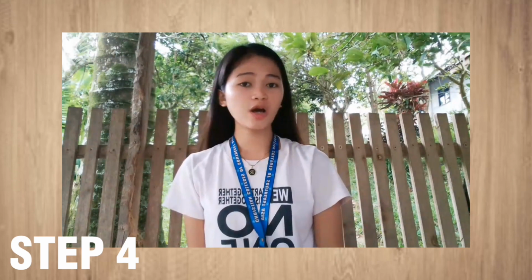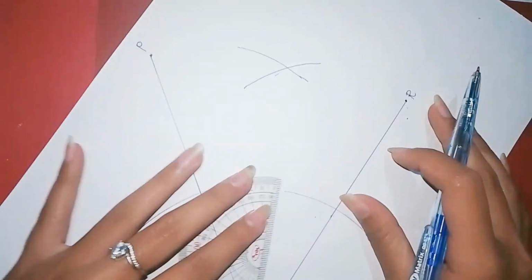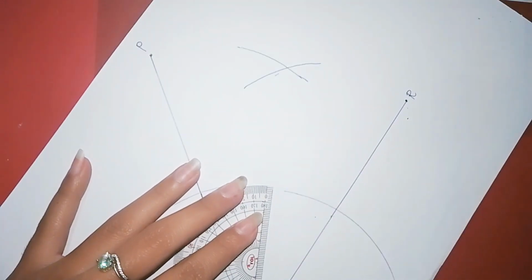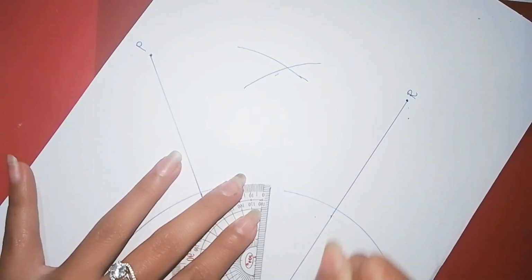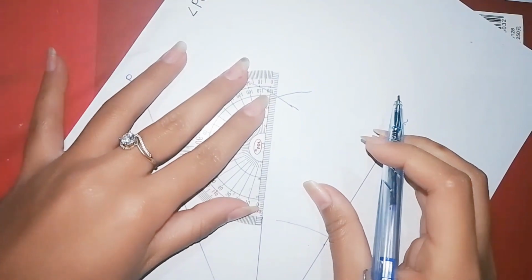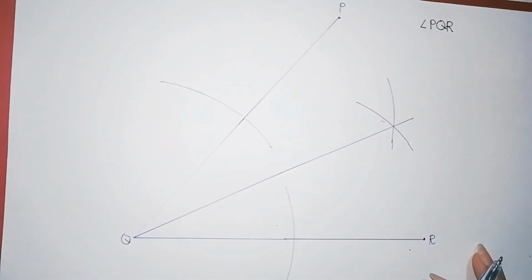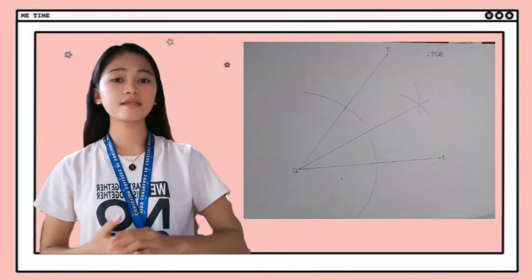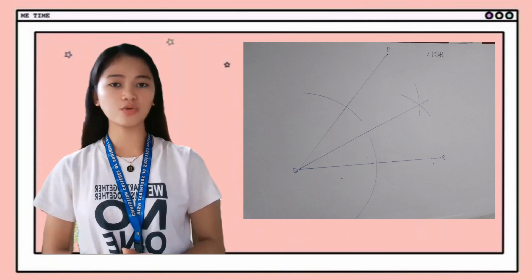Using a ruler, draw a line from Q to the point where the arcs intersect. The line drawn through Q represents the angle bisector of angle PQR.